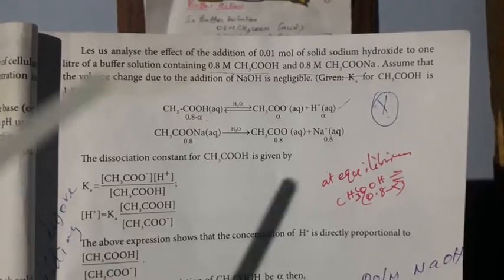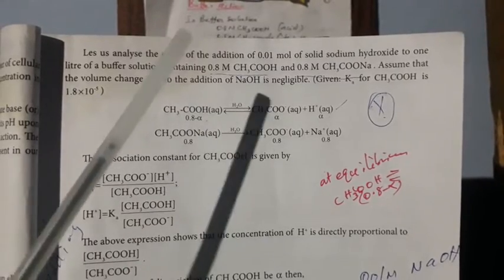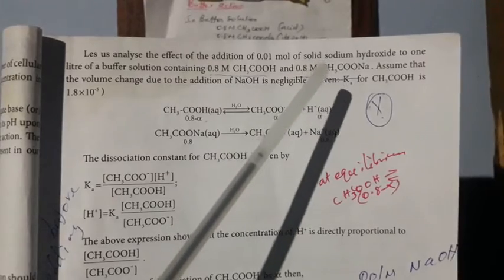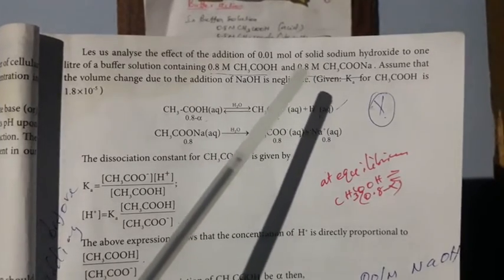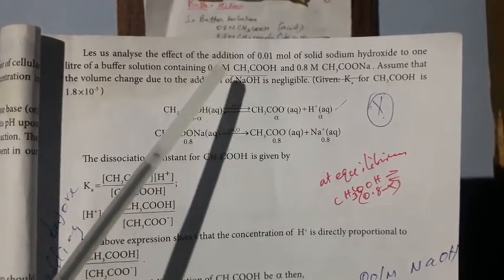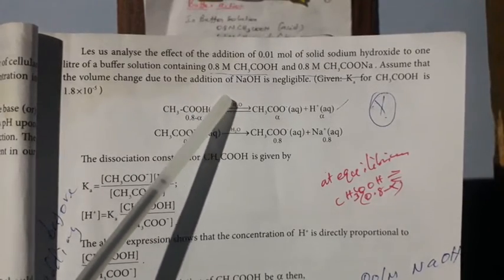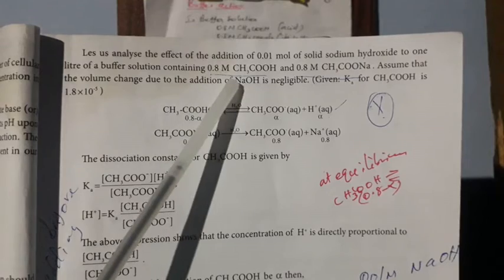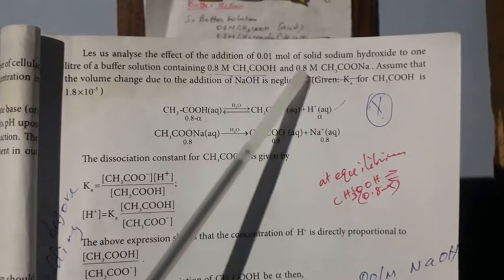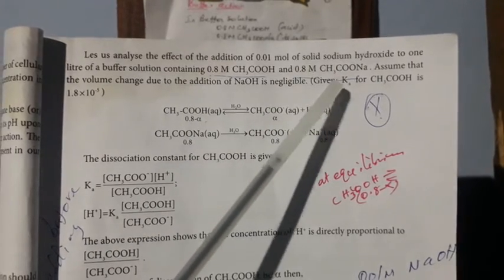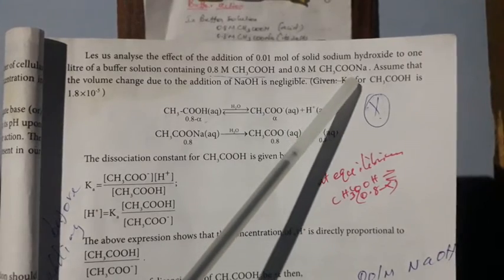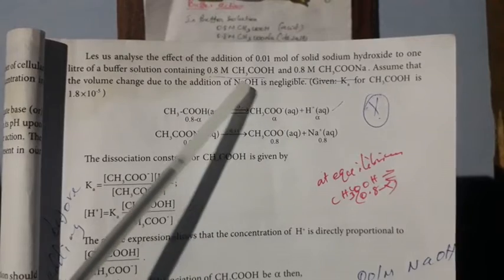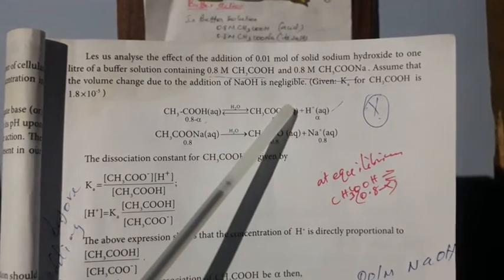Let us analyze the effect of addition of 0.01 mole of solid sodium hydroxide to 1 liter of buffer solution containing 0.8 mole of acetic acid and 0.8 mole sodium acetate. Assume that the volume change due to addition of sodium hydroxide is negligible.